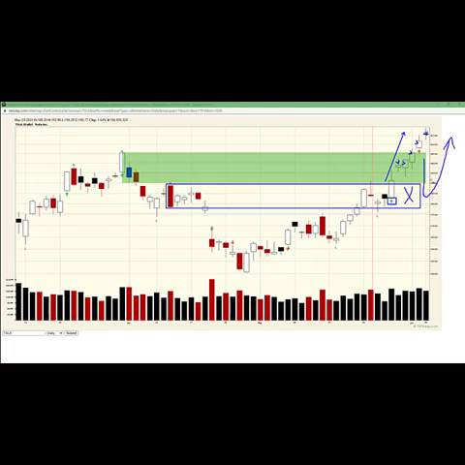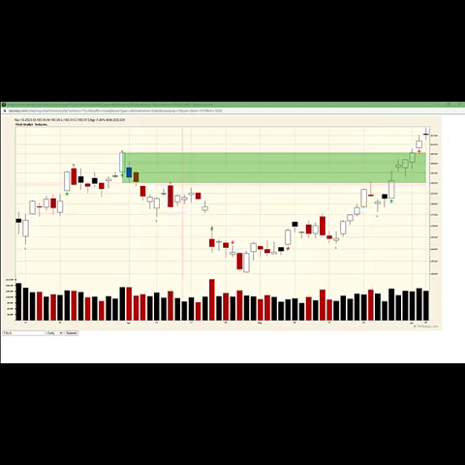So time and extension in price increase the probability that when the retest takes place, it will regenerate.